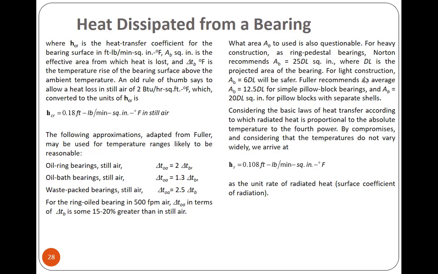Considering the basic law of heat transfer according to which radiated heat is proportional to the absolute temperature to the fourth power, by compromises and considering that the temperature do not vary widely, we arrive at H sub R is 0.108 foot-pounds per minute square inch Fahrenheit as the unit rate of radiated heat, surface coefficient of radiation.